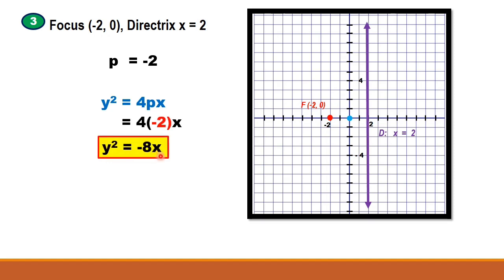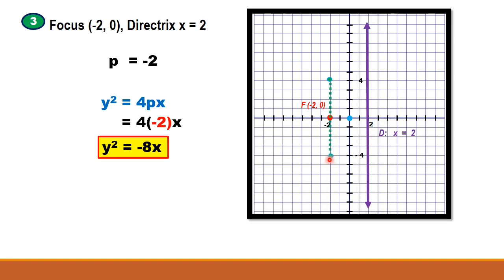Then for the latus rectum, 4p is equal to 8. So from focus, half of this is 4 and the other one is 4. So count 1, 2, 3, 4. This is the point, and the other point is also 4 away.